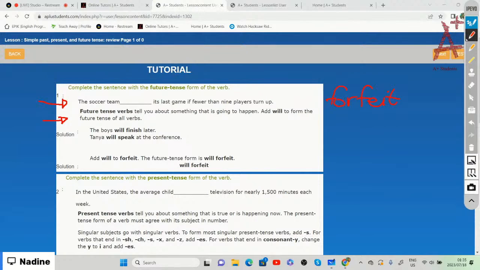Turn up means something is going to happen, so we say the soccer team will forfeit the last game if fewer than 9 players turn up. So will forfeit, meaning that if they don't have 9 players by the time they need to play their game, then they will basically lose the last match.